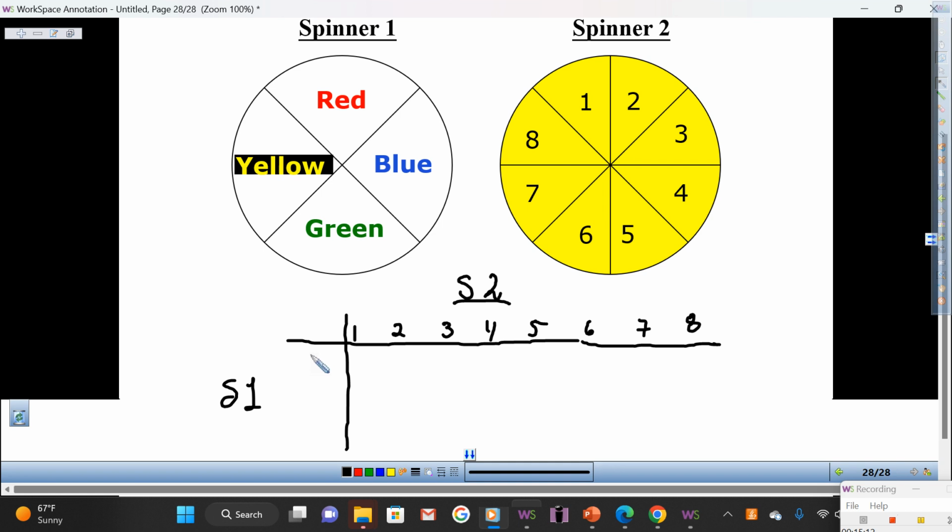Red, blue, green, yellow. Yeah. Something like that. Hands if you have something like that. Okay, good. All right.